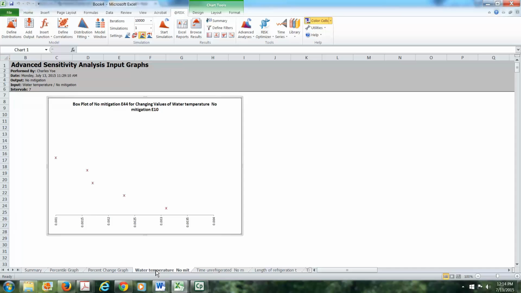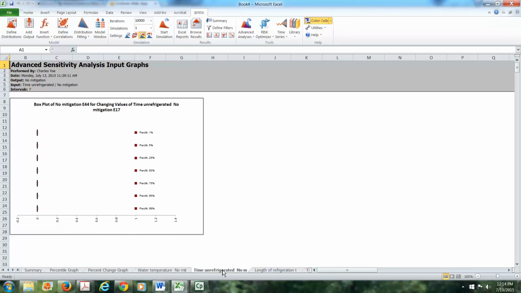I played around with one of the graphs here and changed the scale so that you could see that the box plots are actually located in different positions, but the scale is such that when we look at the default ranges, they provide no useful information. And we have an output here that's either a 0 or a 1, so a box plot's not a particularly revealing kind of tool.